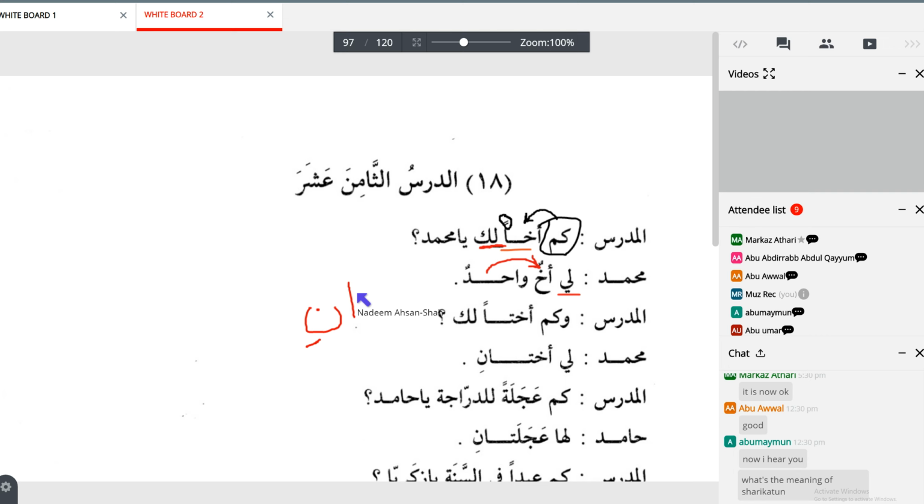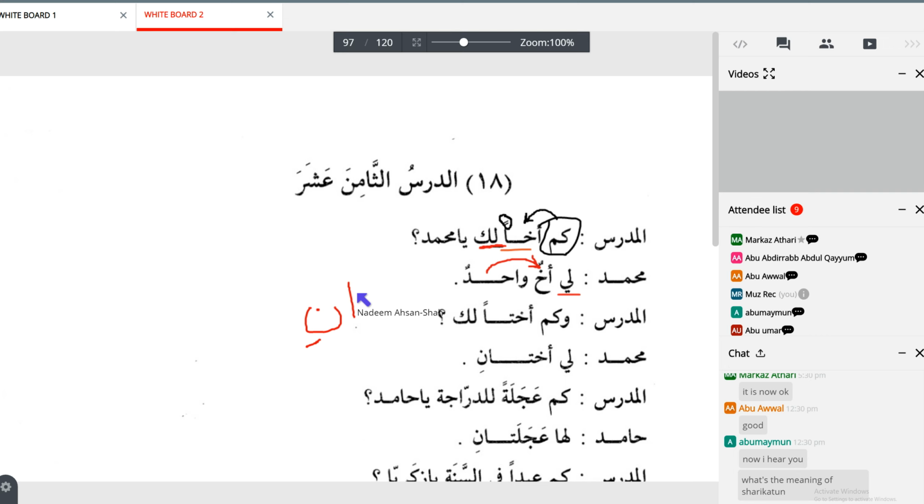Why? Because in the Arabic language, there is the option for 2 as a separate word formation, and it is any noun that has alif and noon after it. Okay? So, for example, here we have the word ukhtun, sister.